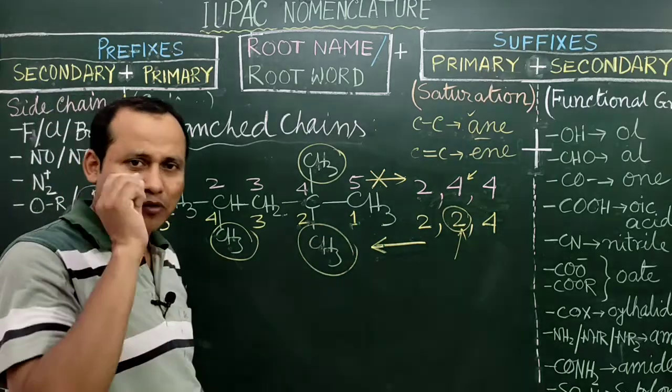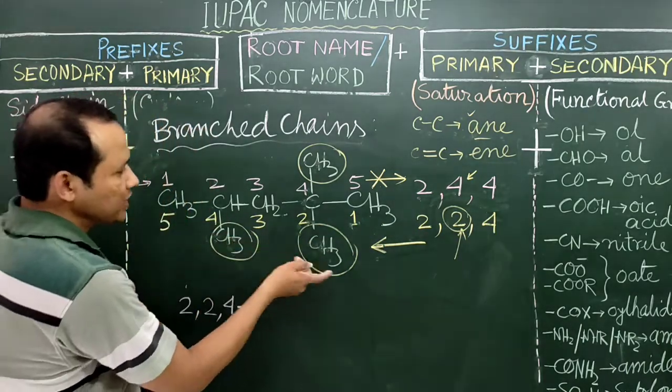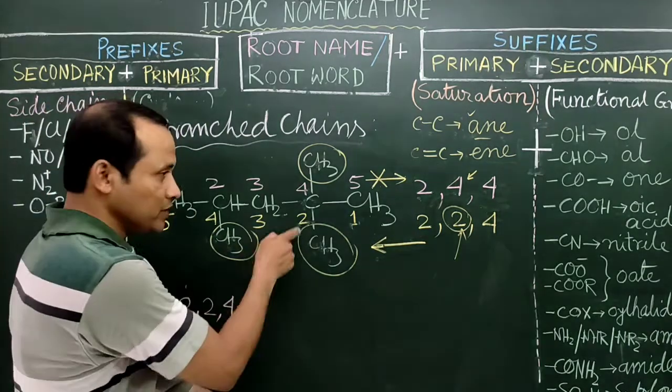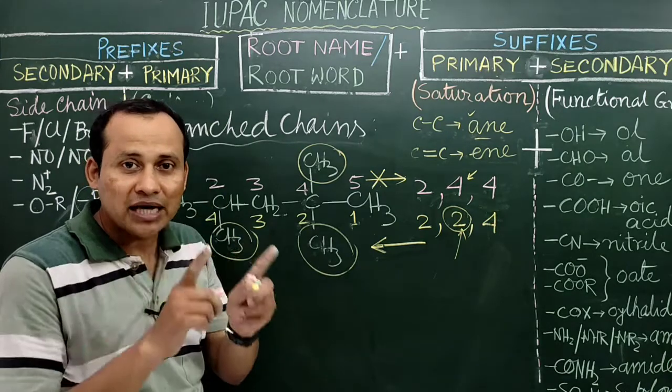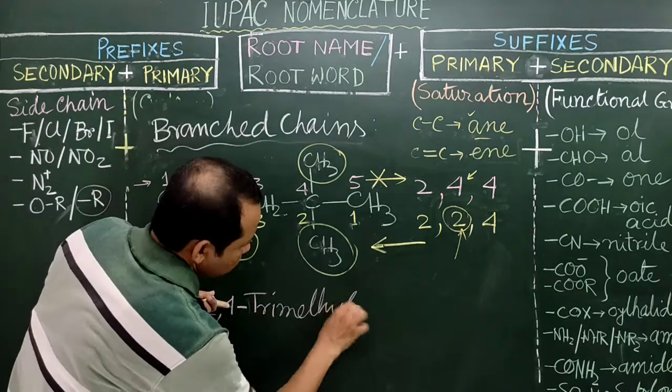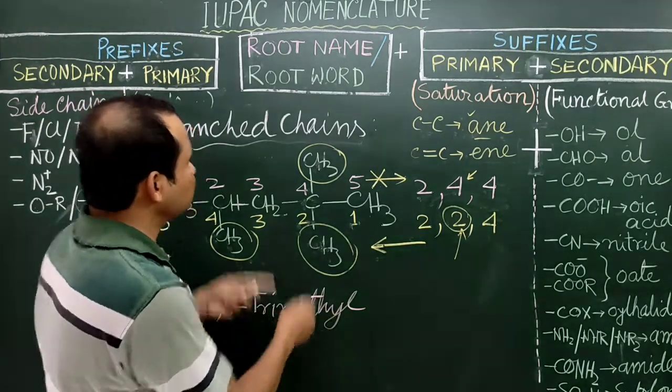Similar things we have discussed earlier, that is why I am just writing the names. We shall not write 2-methyl, 2-methyl, 4-methyl, rather trimethyl. So tri for three methyl groups. Now what next?